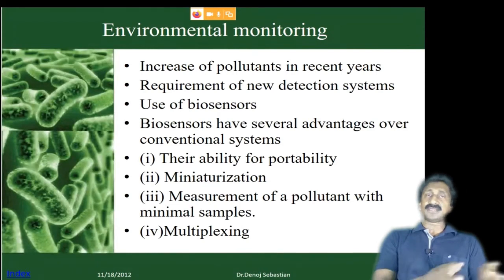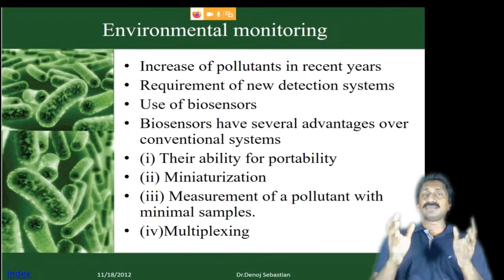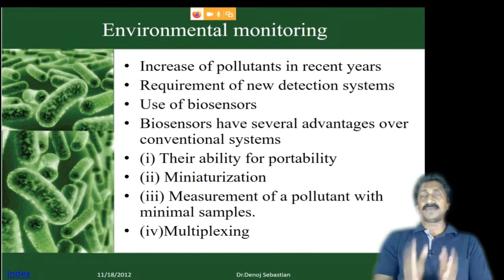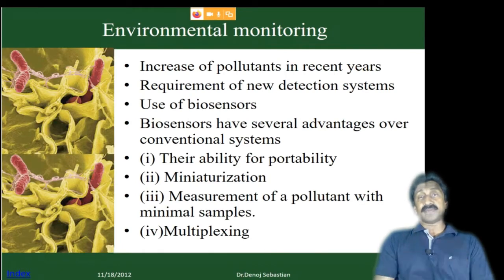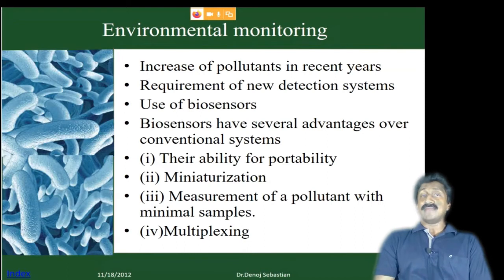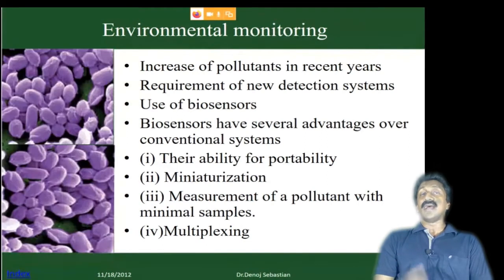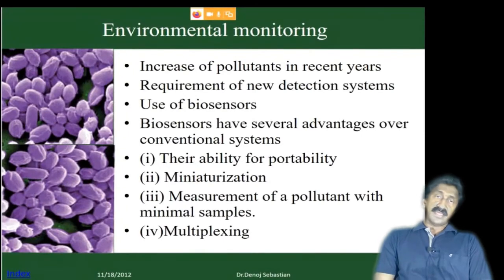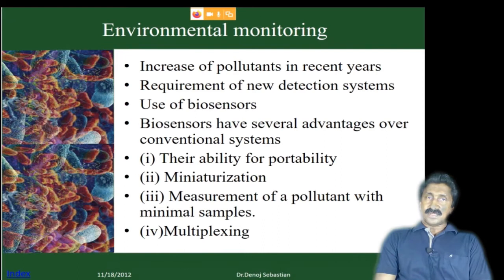Whether it is a microorganism or a chemical pollutant, you need to detect the presence of the pollutant very rapidly using a new detection method, and that's why we require effective rapid detection methods or rapid new detection systems for addressing such pollutants. And there comes the importance of the biosensors.